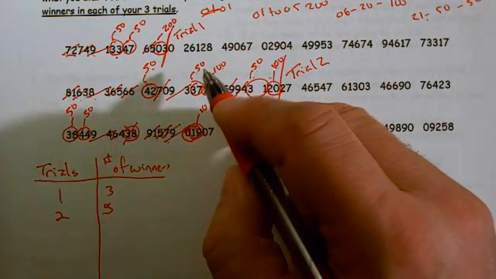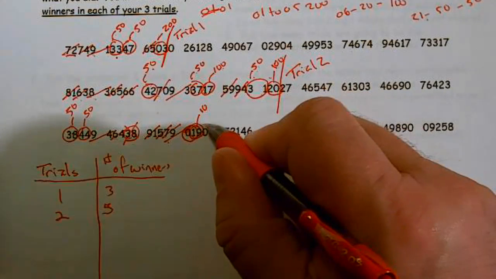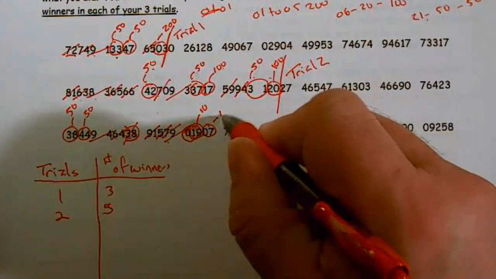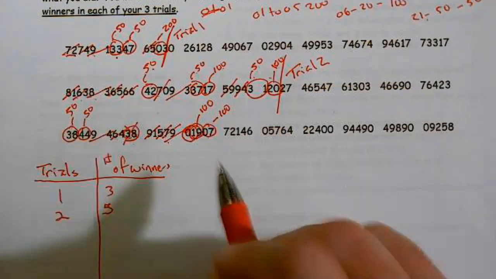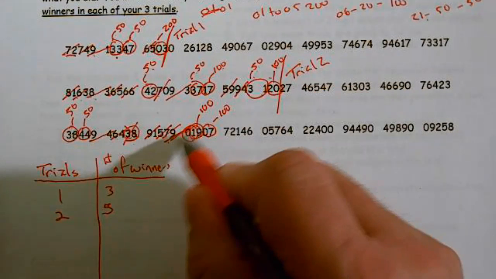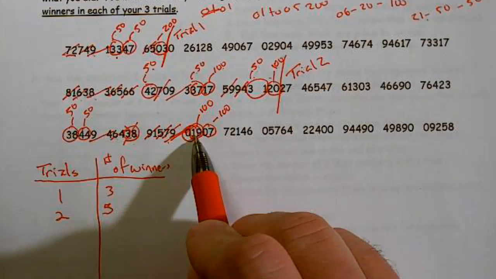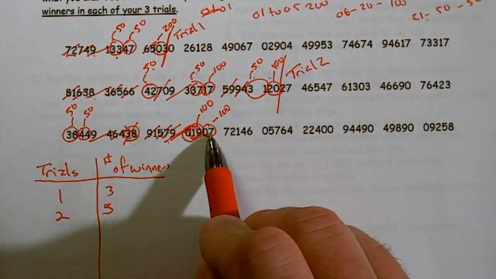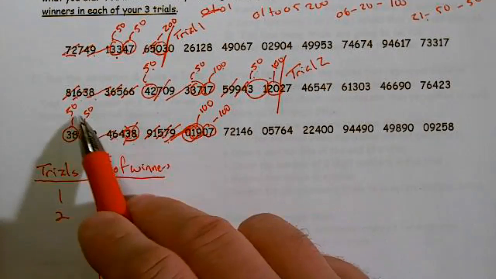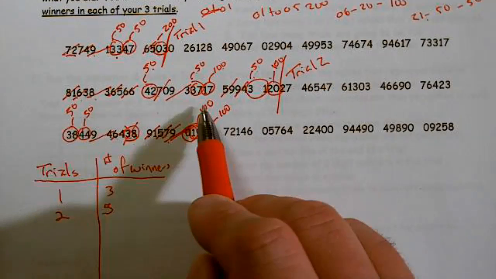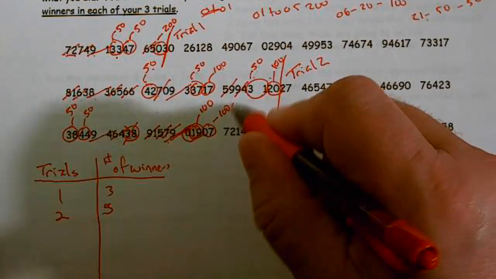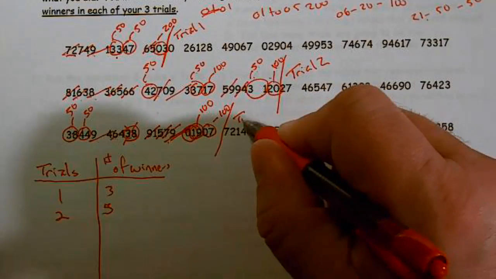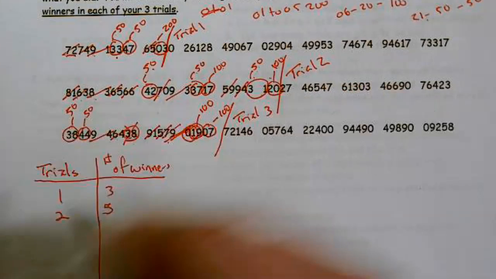And then we have 07, which is also a $100 winner. Sorry, that looks bad. So 90 is a skip, 19 is a $100 winner, and 7 is a $100 winner. Well, there's $100, there's 200, that's 300. So this right here marks the end of trial 3.